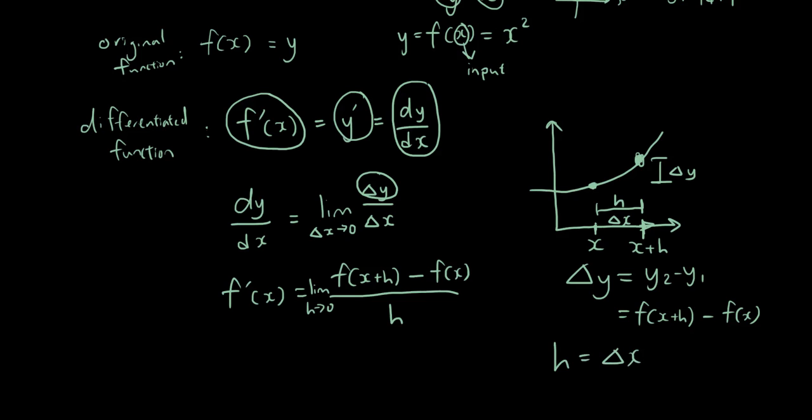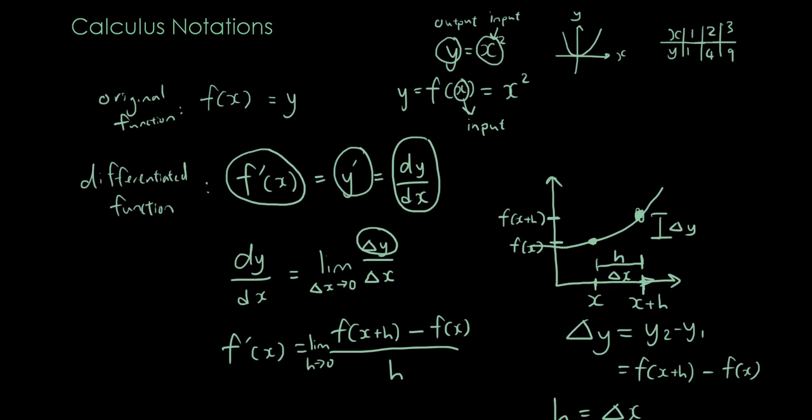Right, so if we name the x coordinates this way, then the y coordinates will be f of x, and the second one is f of x plus h. And so basically this tutorial sums up all the different notations you're going to see in differentiation.